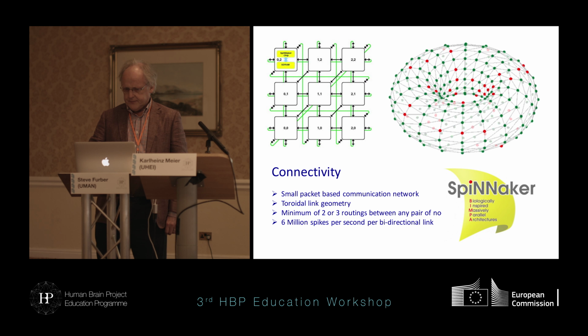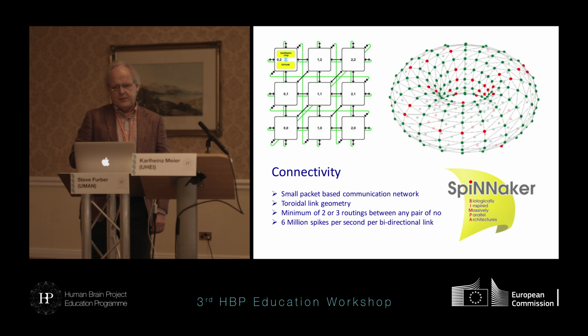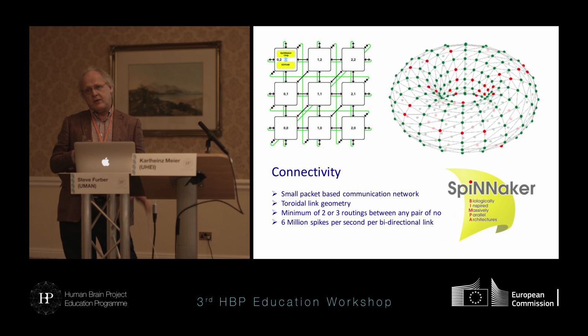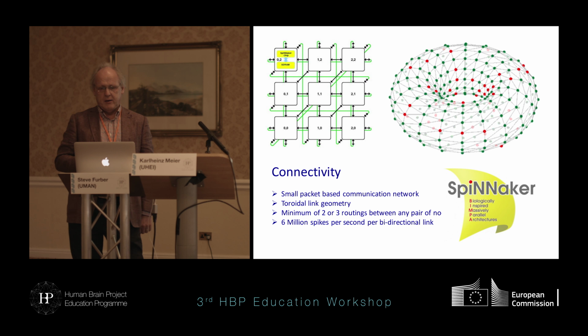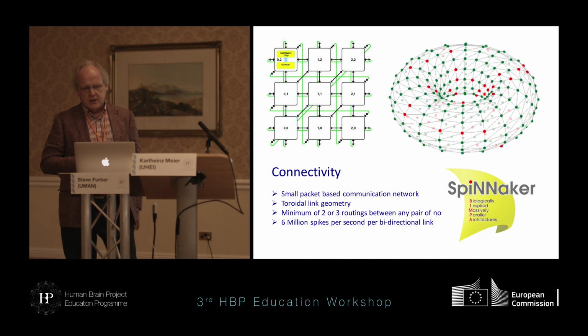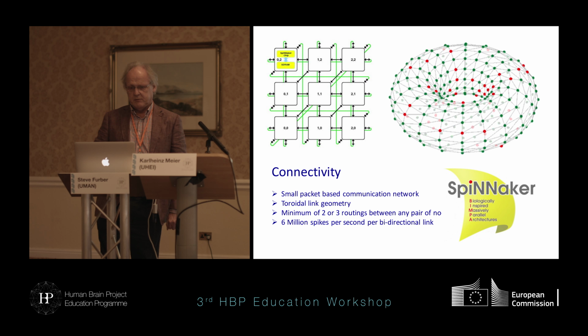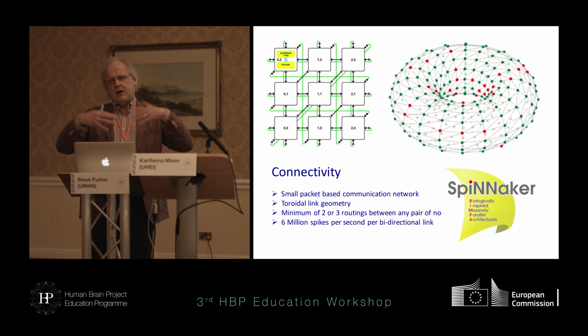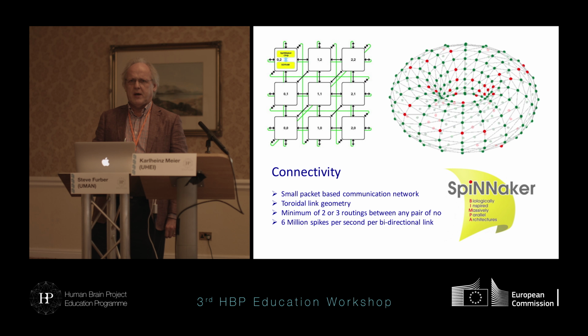The whole thing's designed so that you can get stuff around the machine in a small fraction of a millisecond. So that's what we mean by biological real time: sending a packet from a processor anywhere on the machine to processors anywhere else in the machine. The latency there is a small fraction of a millisecond, typically a few tens of microseconds.